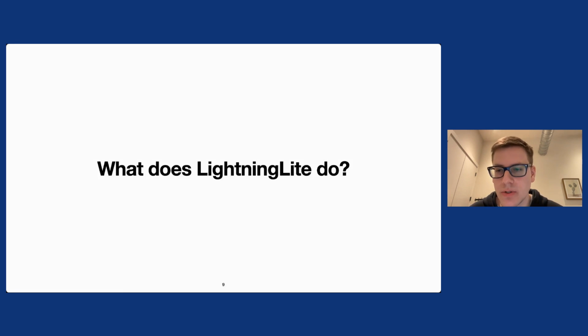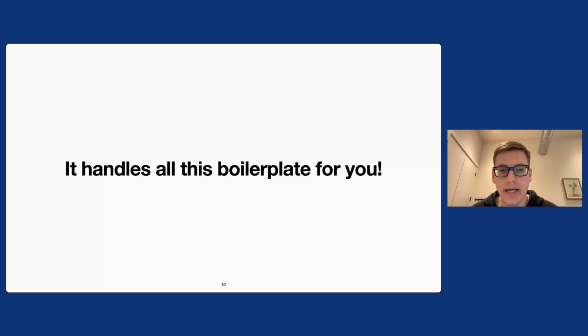Well, I basically want to introduce you to some tools, LightningLite, and what can LightningLite do for us here? Well, it basically handles all this boilerplate for you, so that you can actually focus on what matters, the research itself, while at the same time making the best use of the hardware resources that you have available.